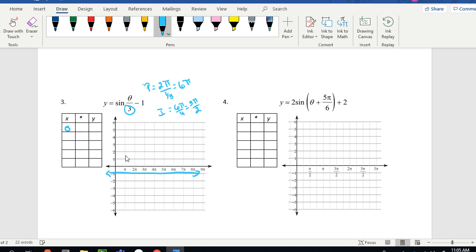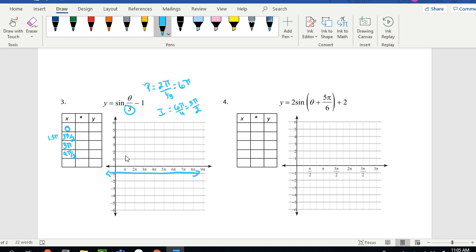So the first one is 0. The next one is 3 pi over 2, or think of this as 1.5 pi. Well, what's another 1.5 and 1.5? It's 3 pi. Okay, and another 1.5 is 4.5 pi, which is 9 pi over 2.